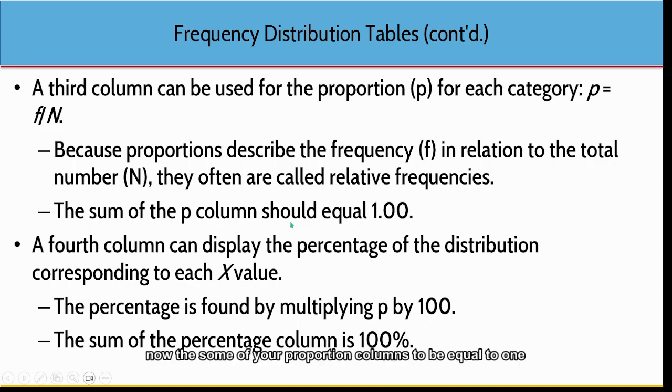Now, the sum of your proportion column should be equal to 1, and sometimes, especially through Jamovi, instead of a sum with the P column being 1.0, they'll go ahead and convert it to a percentage for you. The percentage would be found by just multiplying that P by 100, and now you get a percentage.